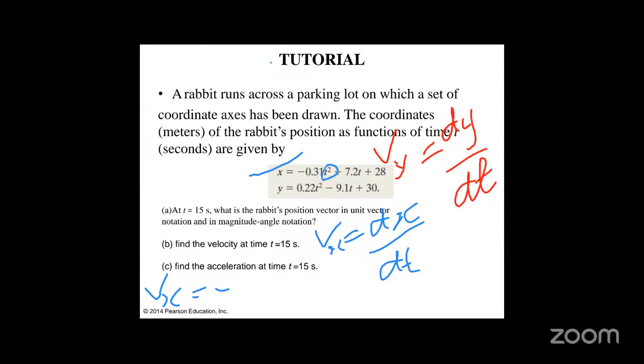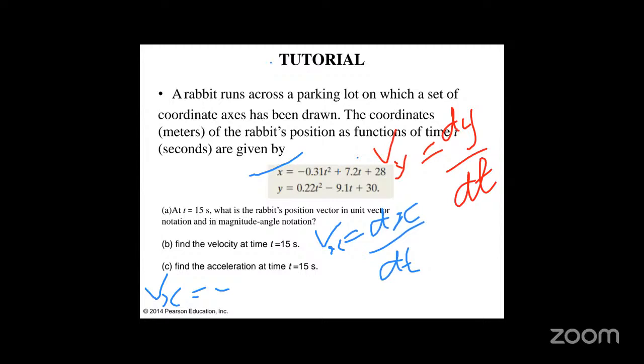So the 2 at the top, that is this superscript, will multiply this value, 0.31.